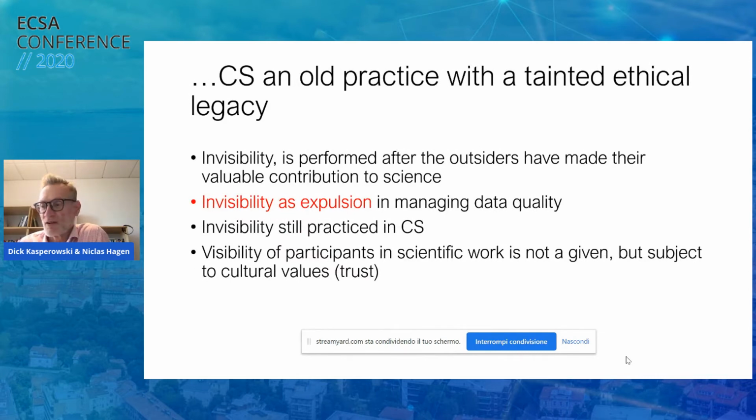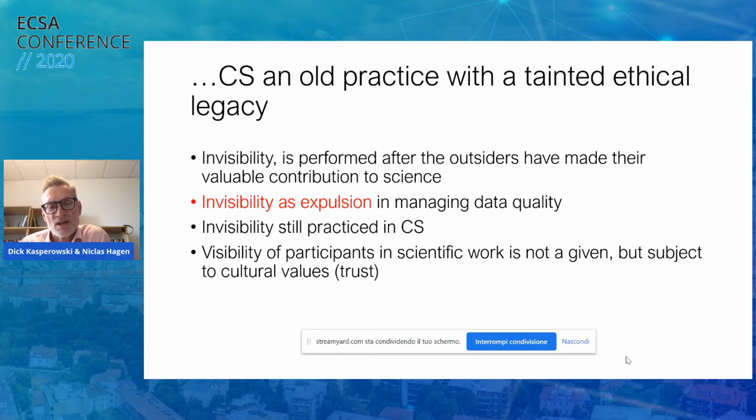Citizen science is an old practice, actually with quite a tainted ethical legacy, and expulsion is forming this legacy. Invisibility as expulsion in managing data quality has been done for many years in citizen science, and it still occurs.